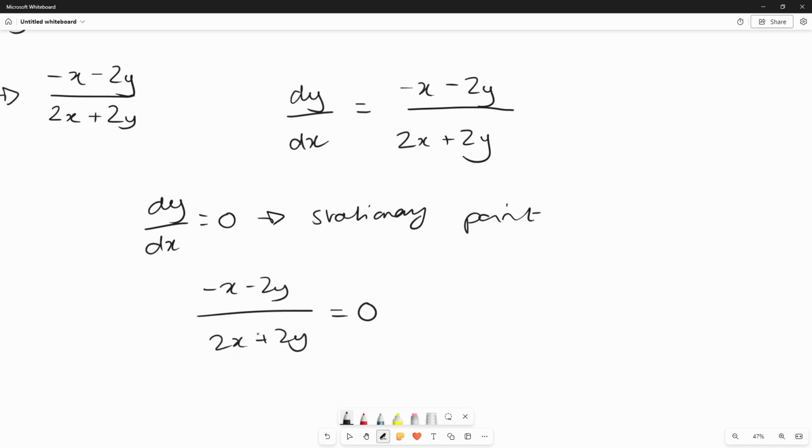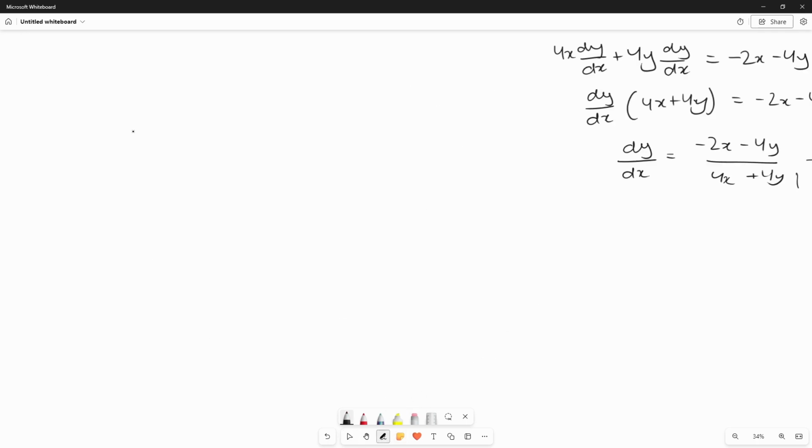We can times by the denominator, so we'll get minus x minus 2y equals 0. Then we bring the minus 2y to the other side, or we can just add the x onto that side, and we'll get x equals minus 2y. So we know that x equals minus 2y when dy by dx is equal to 0.